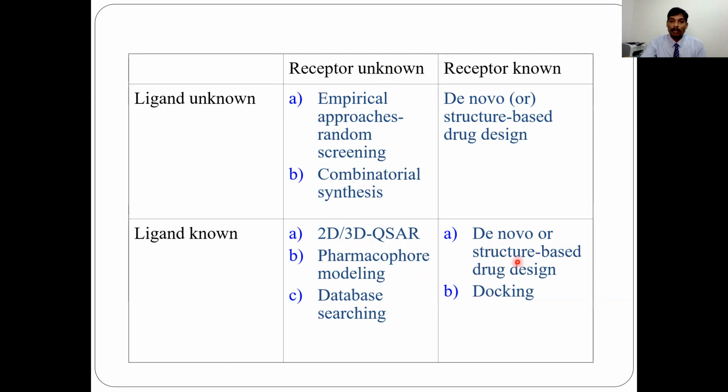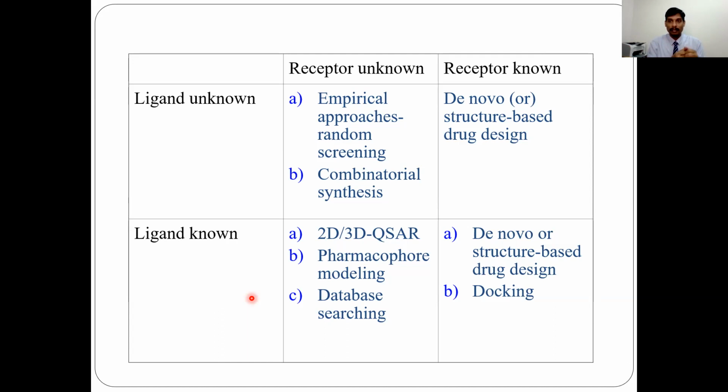And for docking, we go for receptor known and ligand known. So we know the structure of both, like the receptor structure we know and the ligand structure also we know. So then we go for the binding, docking, and see whether it binds in silico or not.